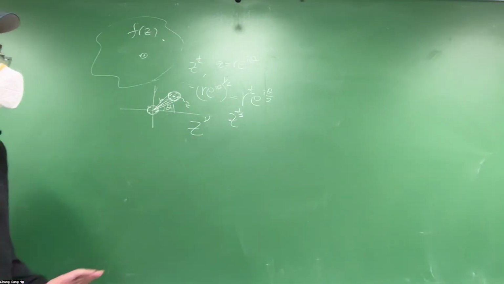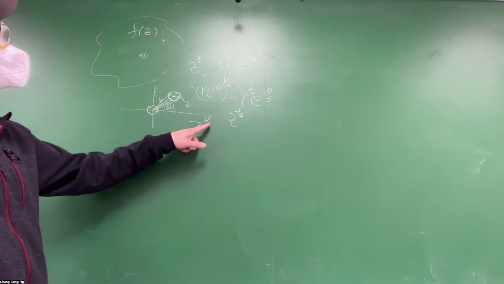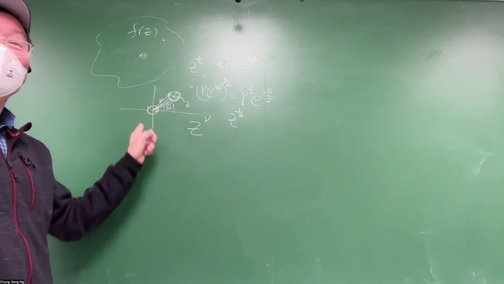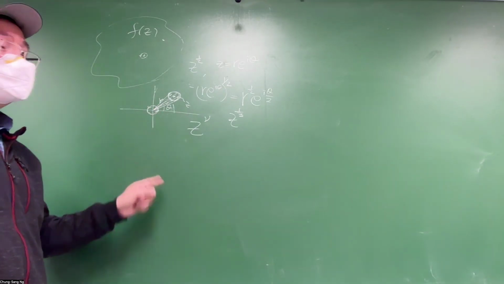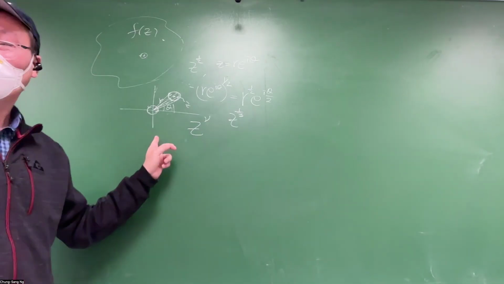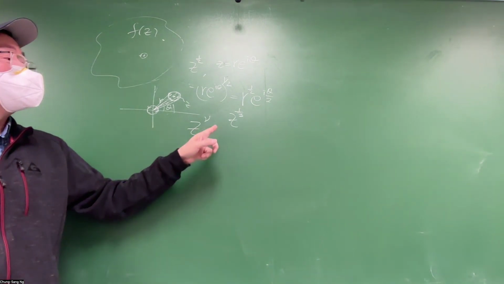But some functions have infinitely many branches, like z to a real power mu that is not a rational power. Then it will have infinitely many branches. No matter how many n times 2 pi theta increases, that will not go back to one.